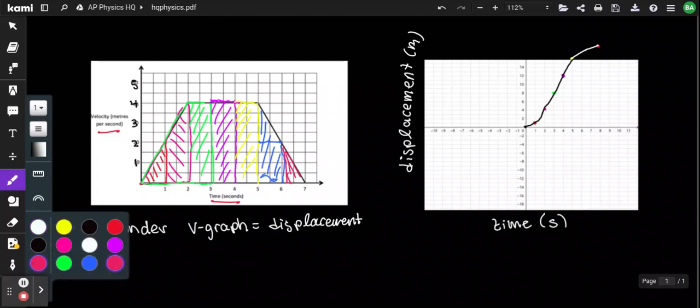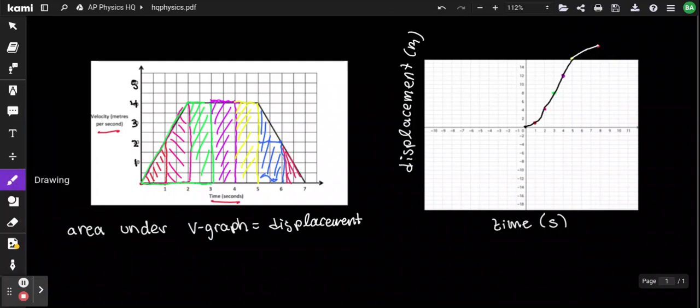But this time, the lines of our velocity graph are linear, and so this gives us a curved displacement graph. So right here where velocity is linear, we have a curved displacement up to 2 seconds. And then when our velocity is flat, we have a linear section. And then right here, when our velocity is a decreasing linear, we have something that's curving down.